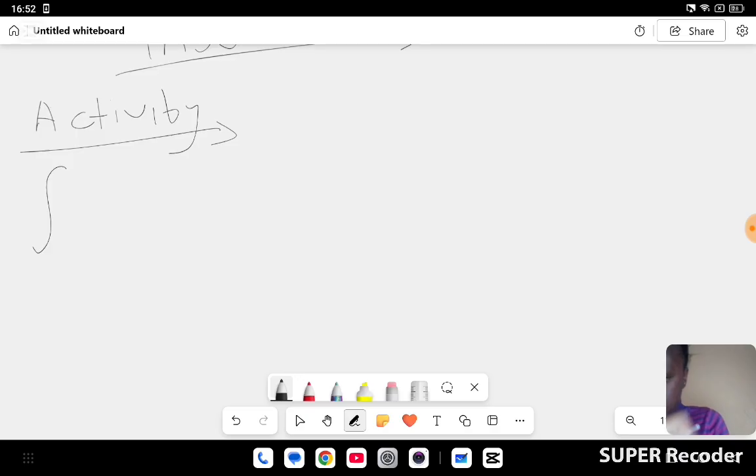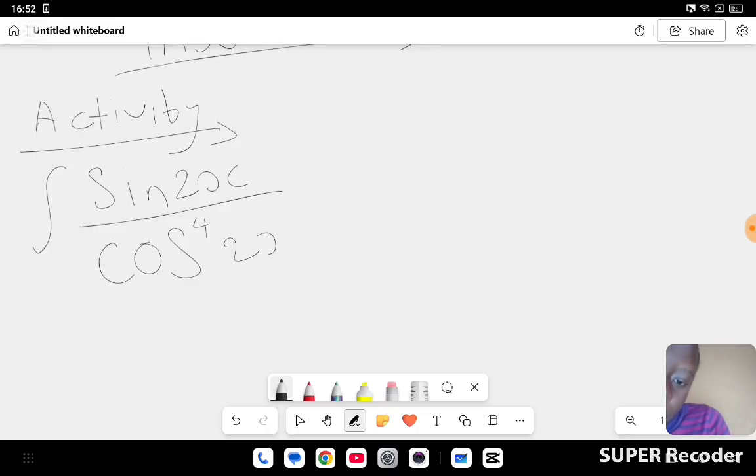That's the integration of sine 2x divided by cos 4 2x multiplied by dx. It's only one activity. Thank you.